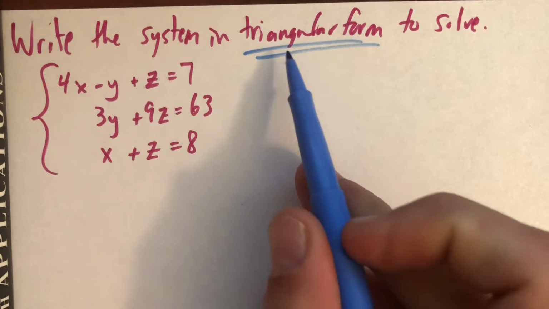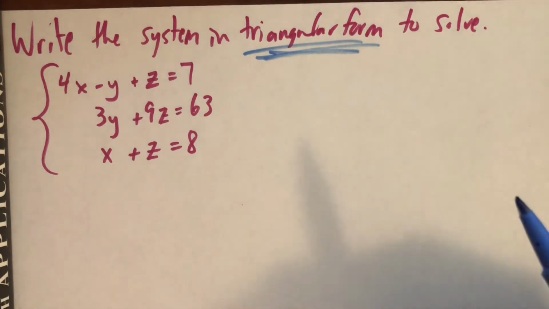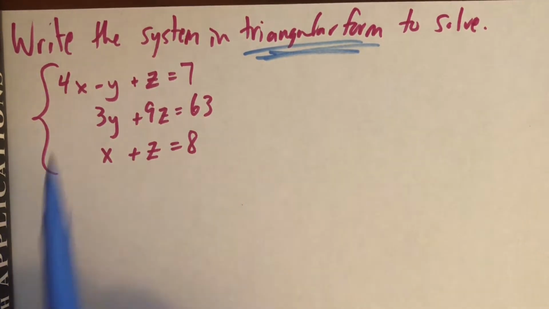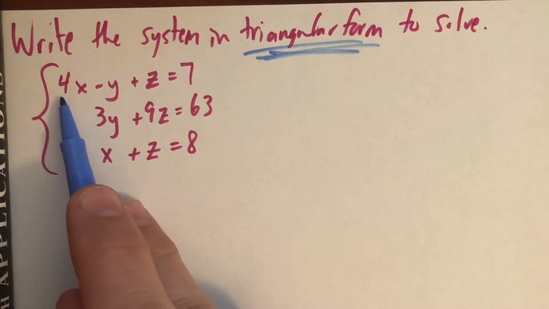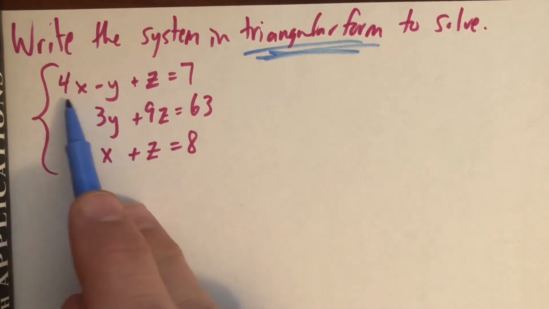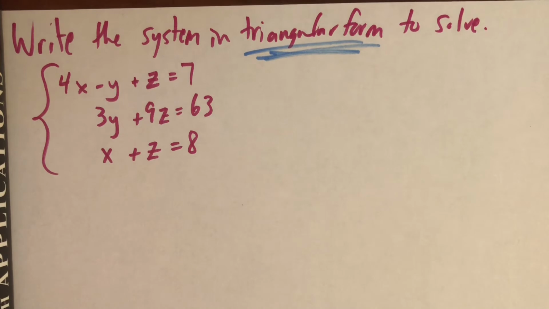So we want to write this in triangular form first. I want to have a 1 here. That's my first step. I want to have an x with a coefficient of 1 in that first equation. We want to make things just as easy as possible.